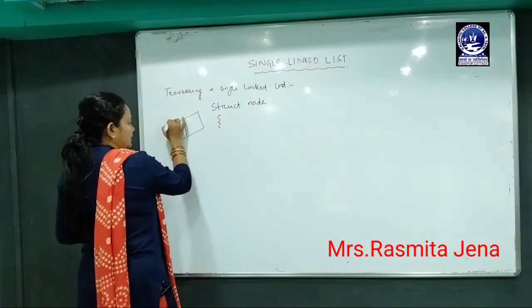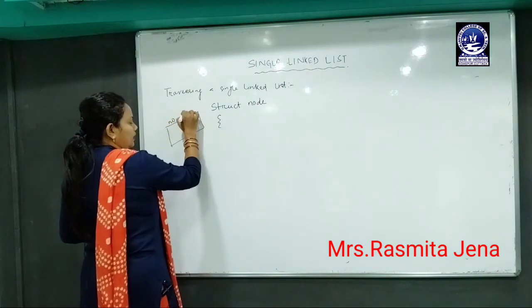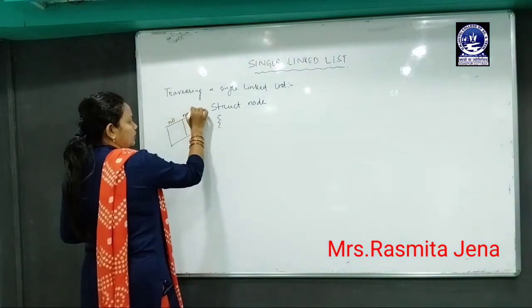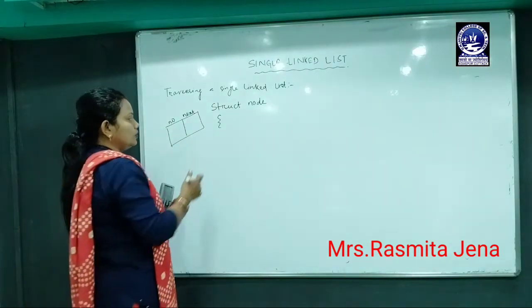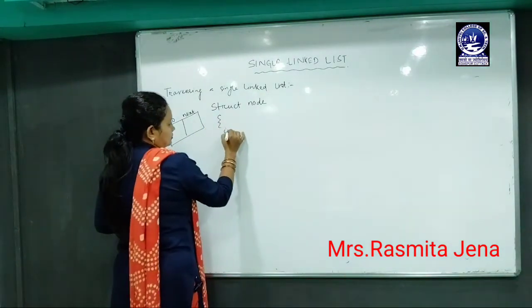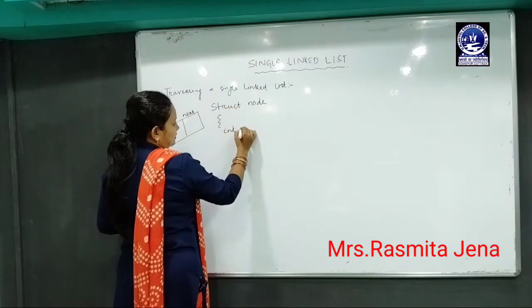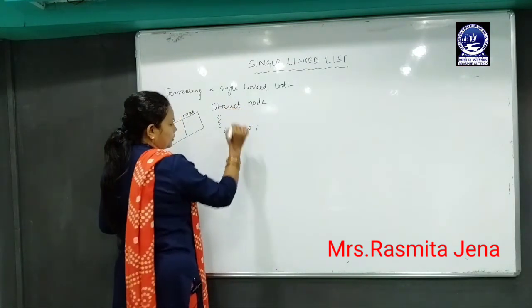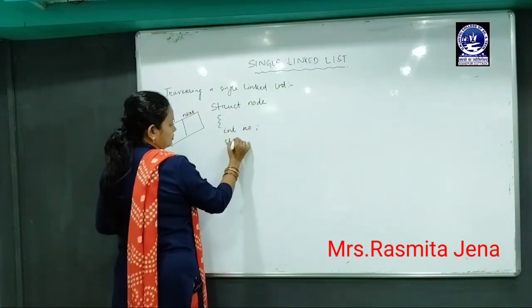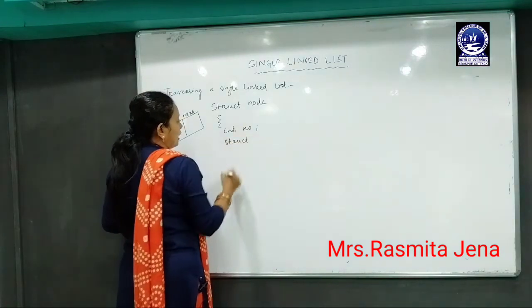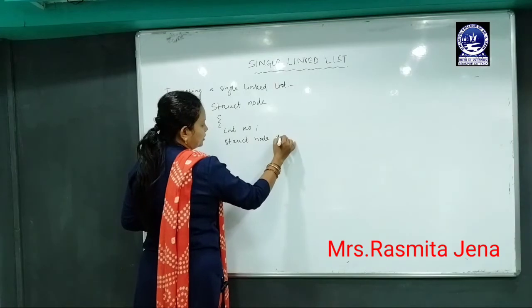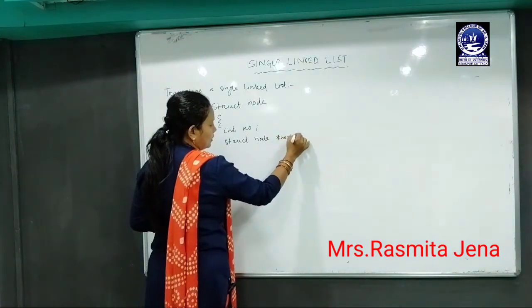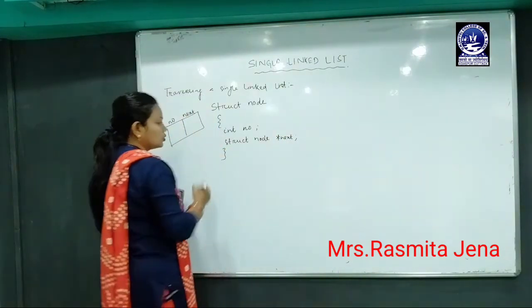One is the data part or number part, and one is the next part or link part that links to the next node. So the structure contains one number part and one address part, that is, a struct node type pointer we must declare to hold the address of a struct node.